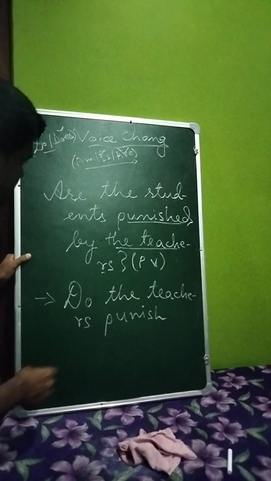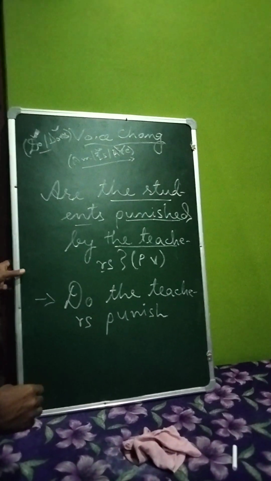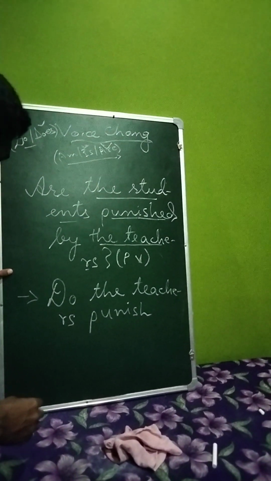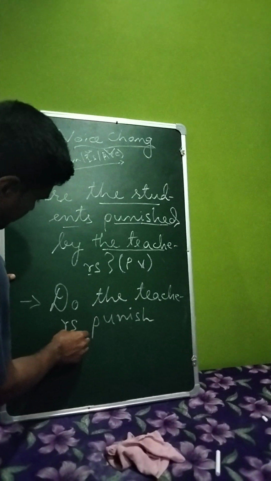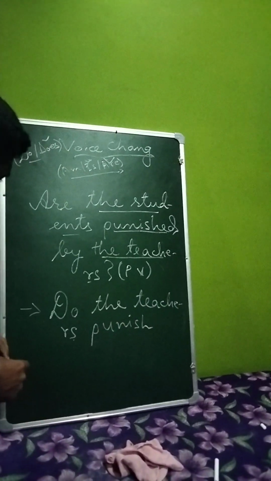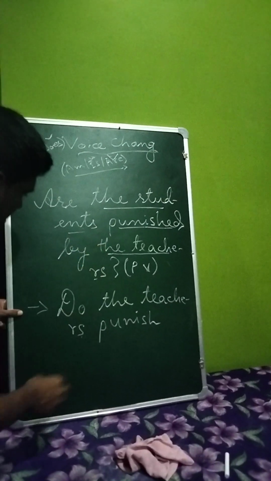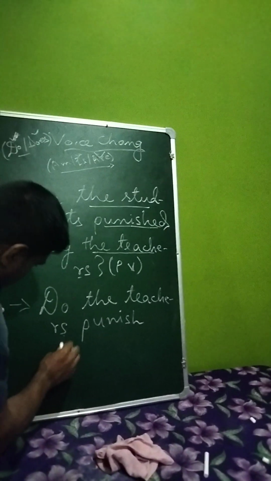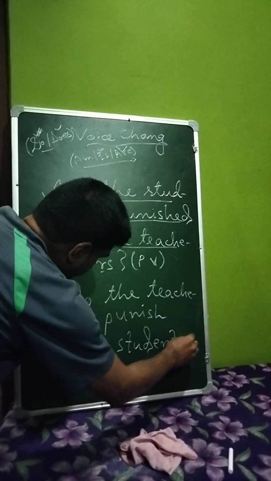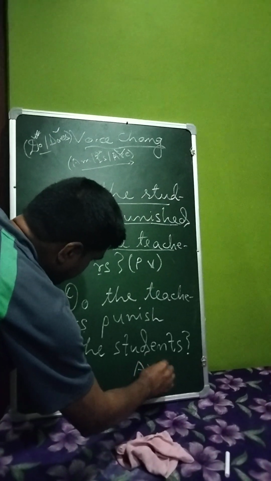Then the subject is the students, and it will come into the object place. Here s or es will not be used. Do the teachers punish the students? You have to give a question mark, and it becomes your active voice.